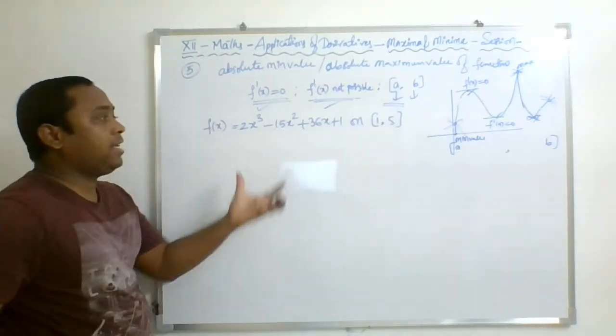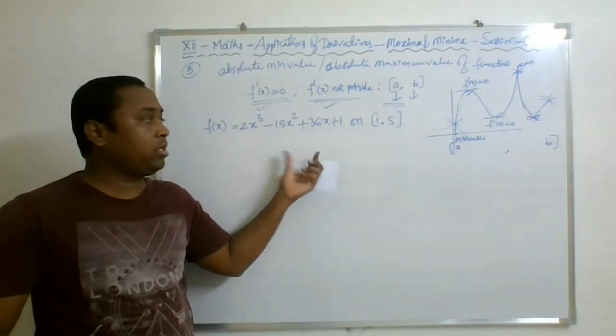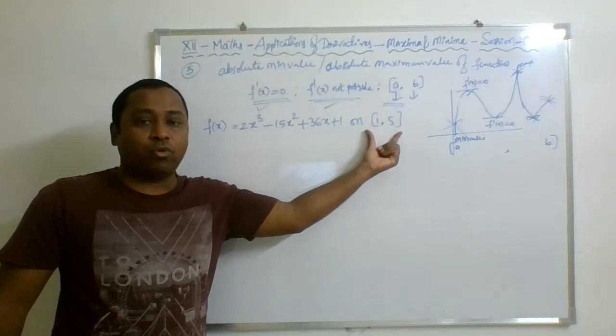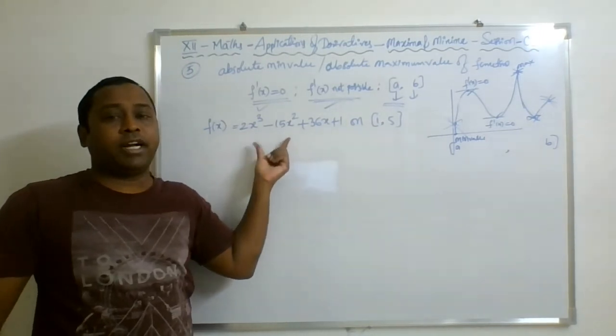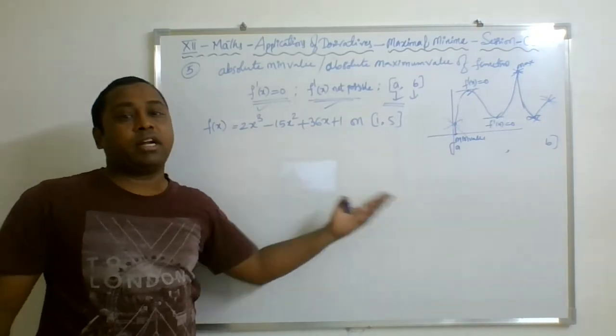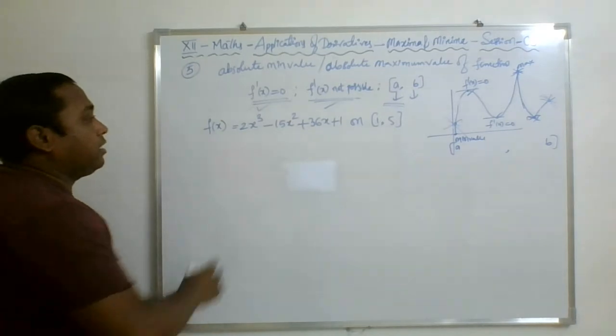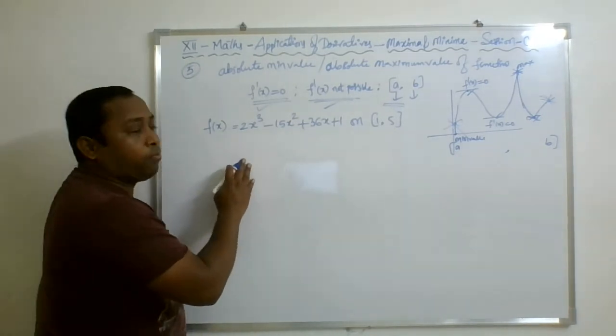We are not taking the entire domain of this cubic function. Within this limit only, we want to find what maximum value it attains and at which point it attains the minimum value. So, in this case, what are the critical points first?